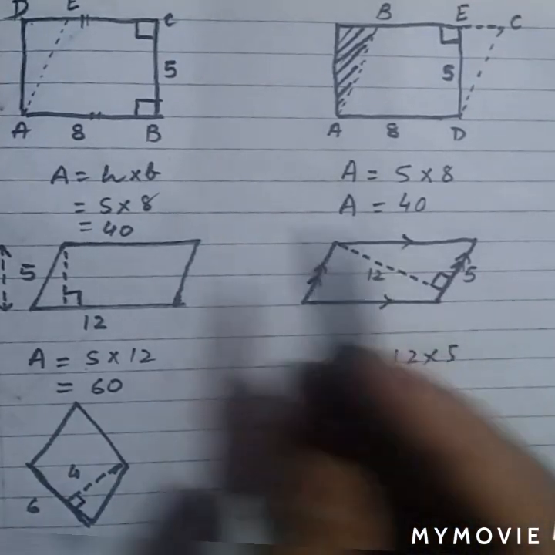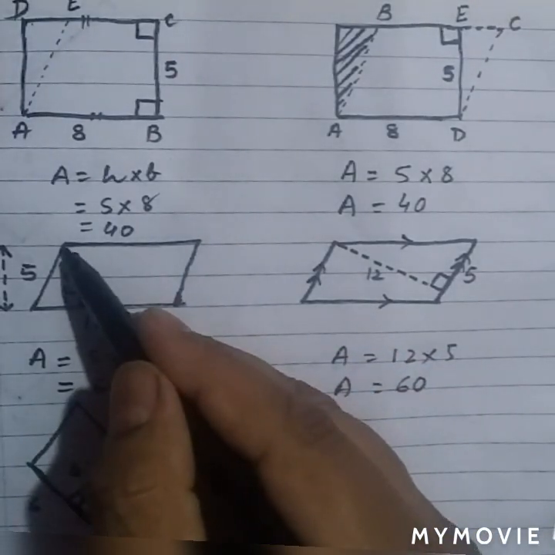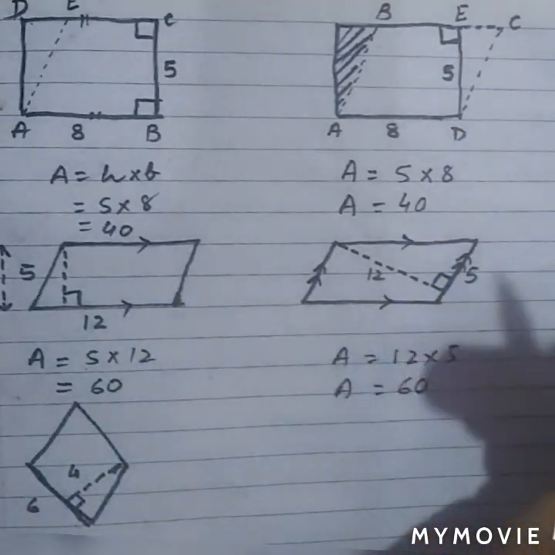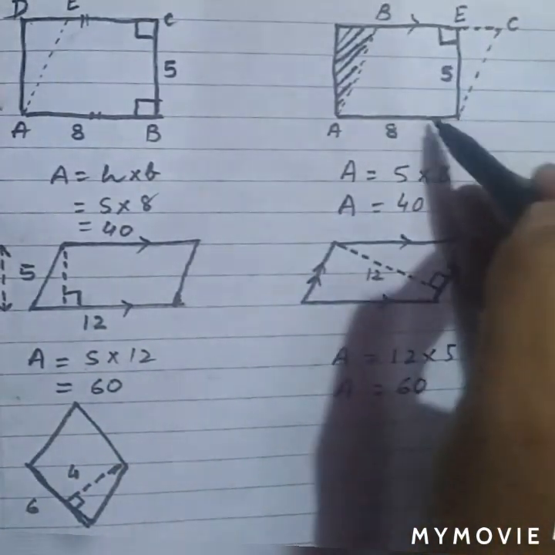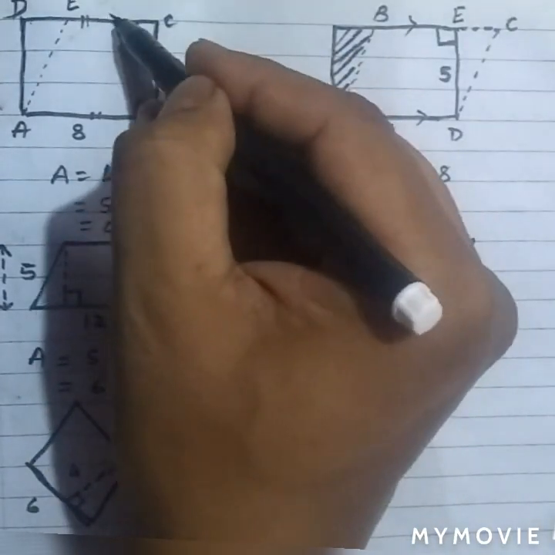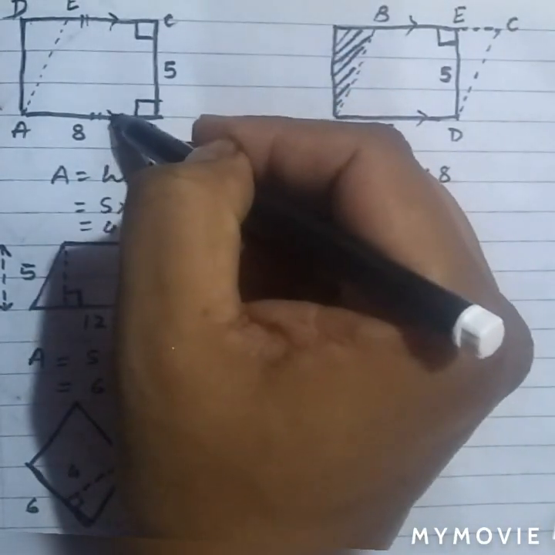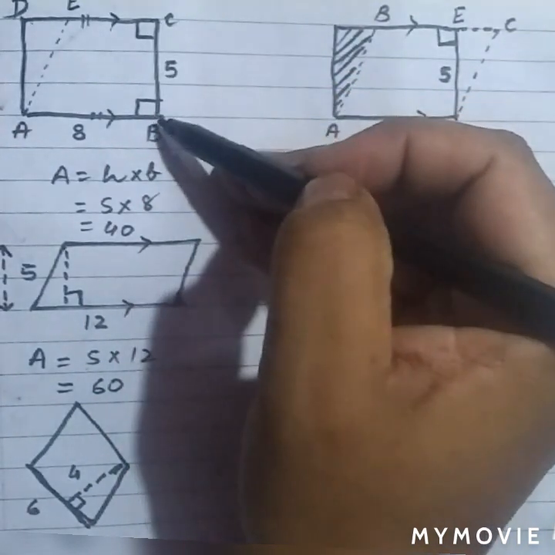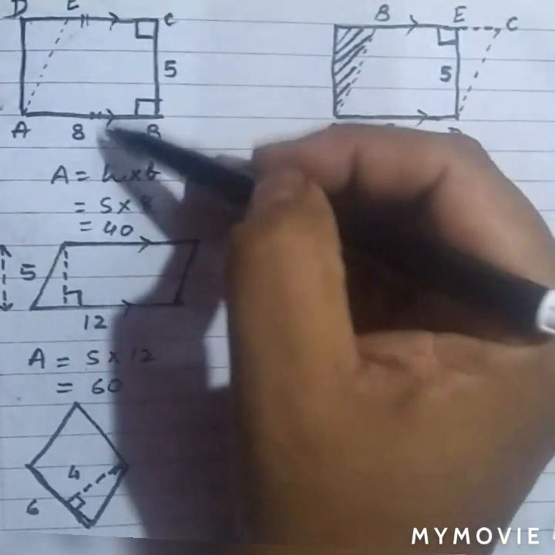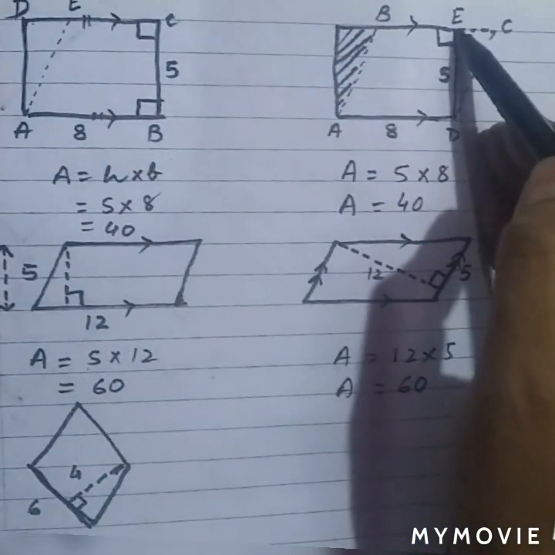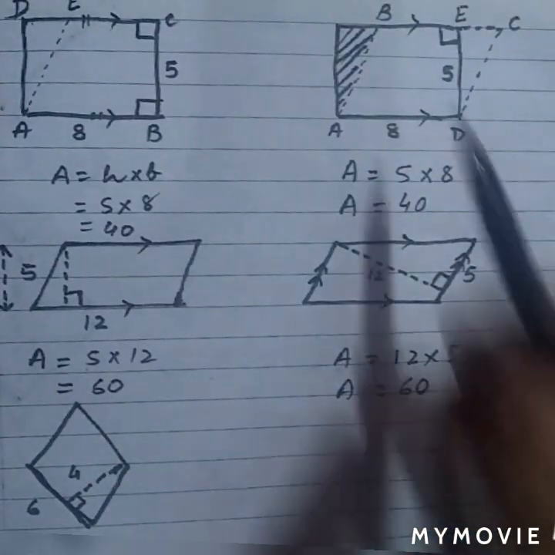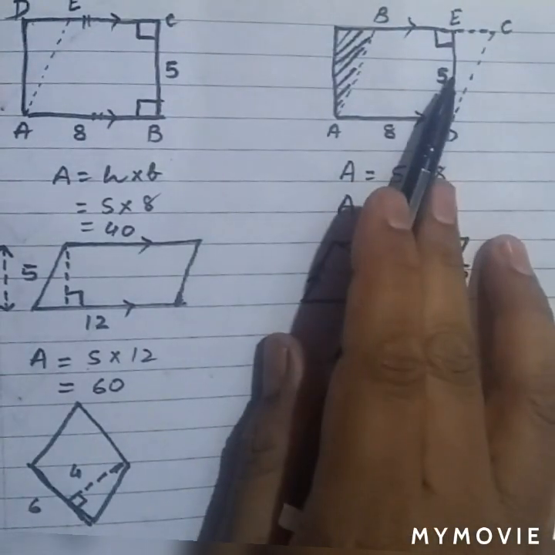Likewise, from this end I am starting and dragging it to these two parallel sides, and the same is happening in this one and in this one. Whenever I take the perpendicular height, I take it from one of the corners and drag it to the other side, which is parallel to it, to find the perpendicular height.